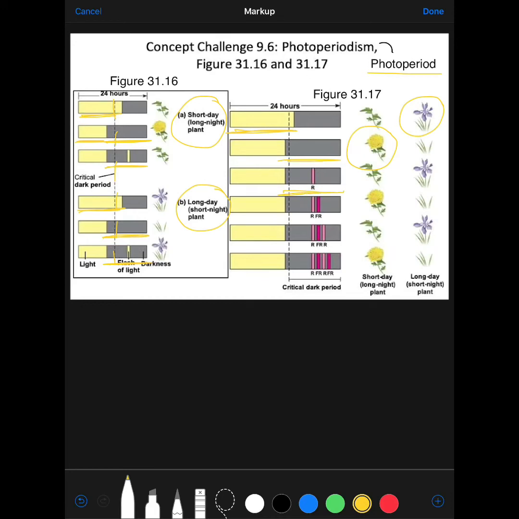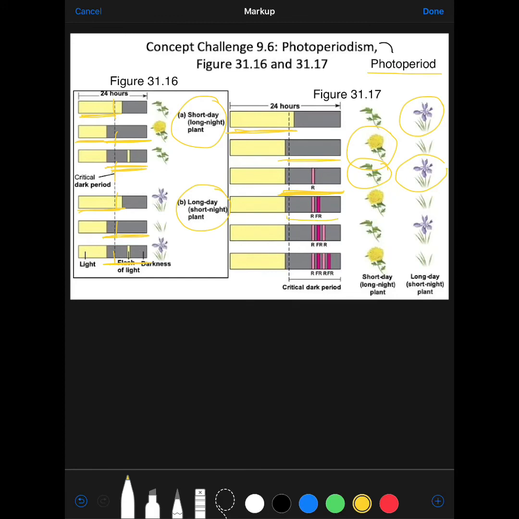If you look here at the third bar graph, you see that there is a red light shown, which works the same way as the light shown here in figure 31.16. That red light interrupts the process of the short day plant flowering, but it is beneficial for that long day plant.